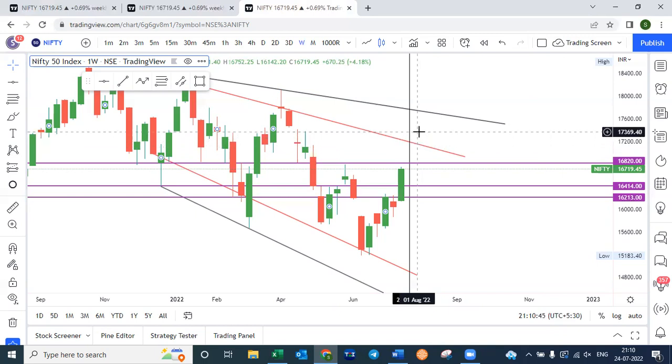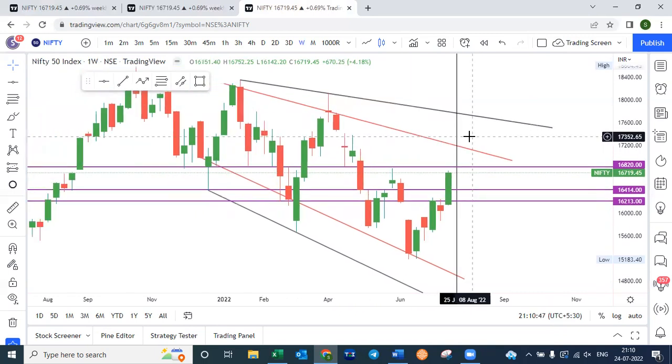Now, when I look into my candles here, in the past, I definitely see 1, 2, 3, 4, 5, 6, 7 points where the market can form a resistance point if it is going up.